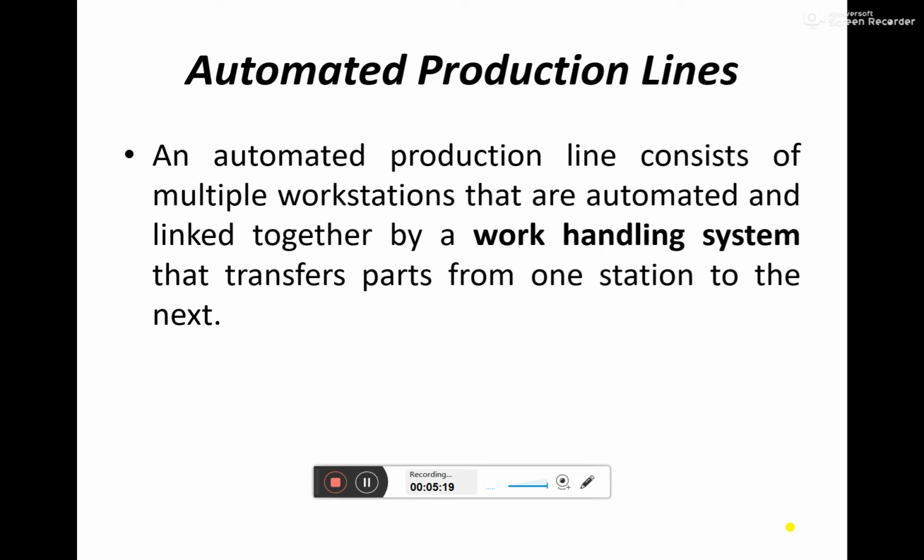You have to use different types of workstations, some n number of workstations, to produce the component. During the production process, the base part will travel from one station to another by means of the work handling systems, which may be belt conveyors or roller conveyors. These transfer the parts from one station to the other. So that is the automated production line.